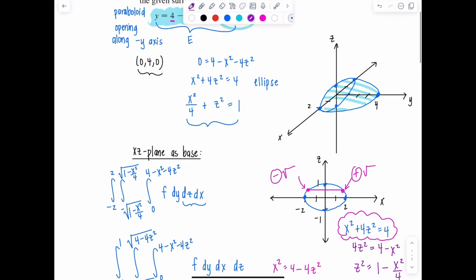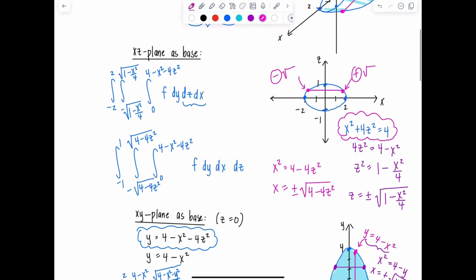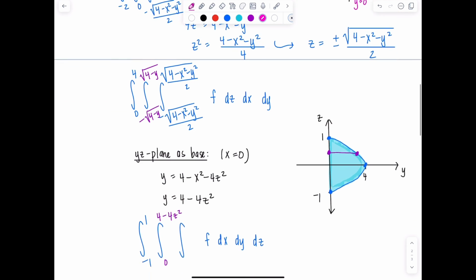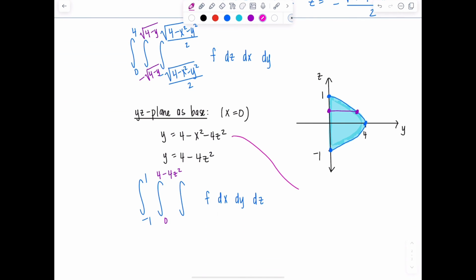So if the YZ plane is the base, x is going to go from lower end of the paraboloid to upper end of the paraboloid, but we have to rearrange and solve the paraboloid for x. Okay, we can do it. So from here, we have x squared equals 4 minus 4z squared minus y.